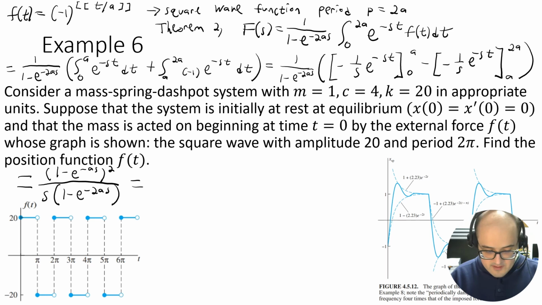And that would give us 1 minus e to the negative as divided by s times 1 plus e to the negative as.